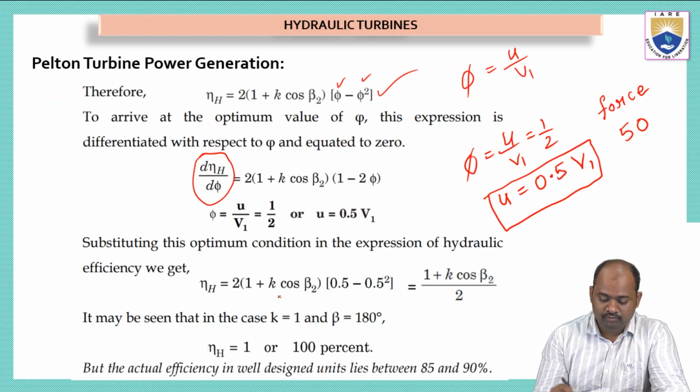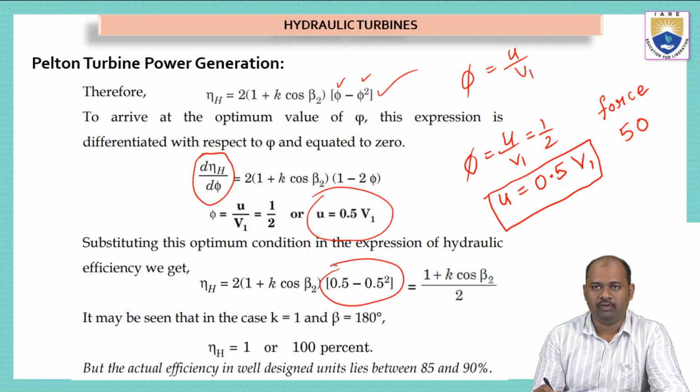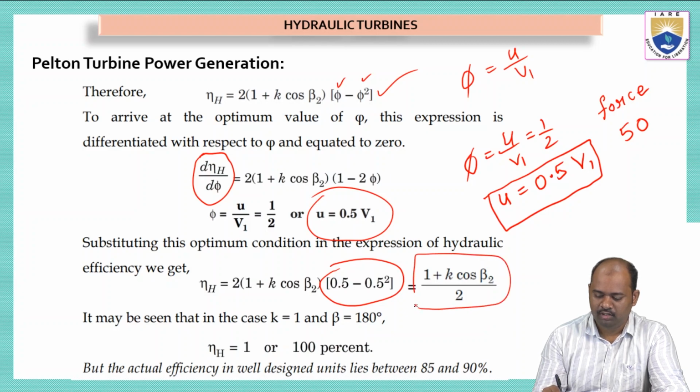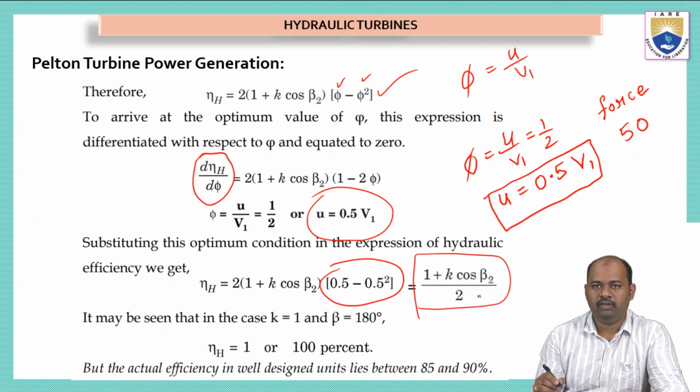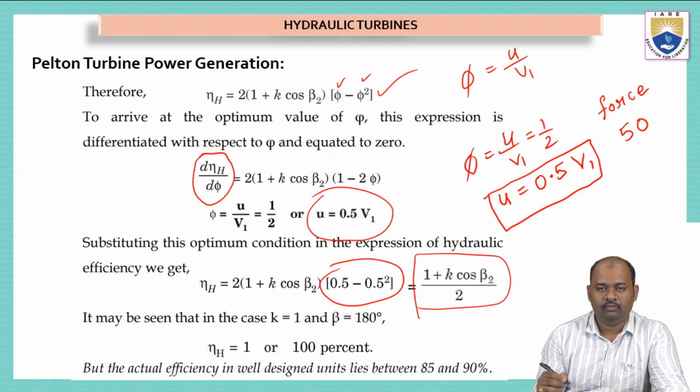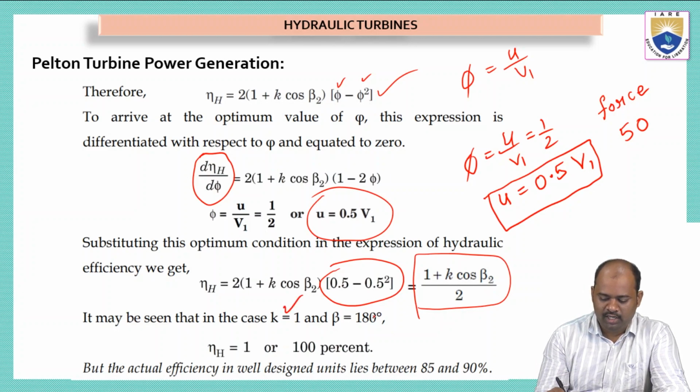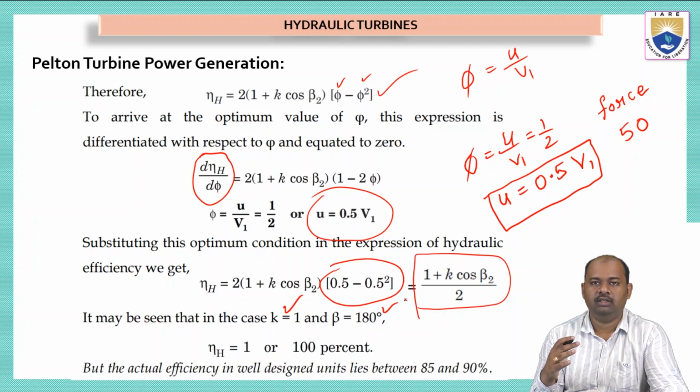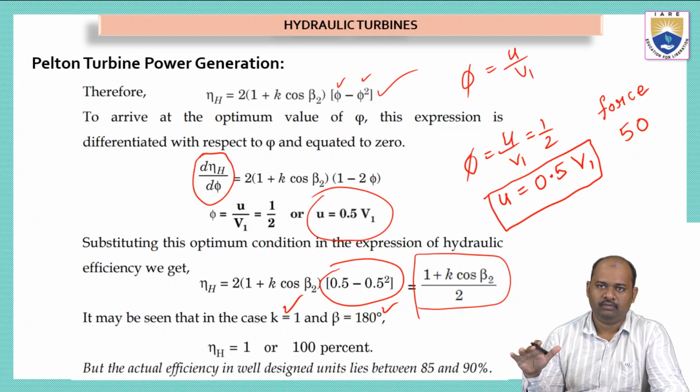Then we have some more modifications for this formula. We have substituted this u value in this, and we have got 0.5 minus 0.5 square, and finally we got this formula. This is a very simplified form of the hydraulic efficiency. So when k is taken as 1 and beta is equal to 180 degrees, that means the bucket angle is almost 180 degrees, which means it is flat, then we will have 100% efficiency.